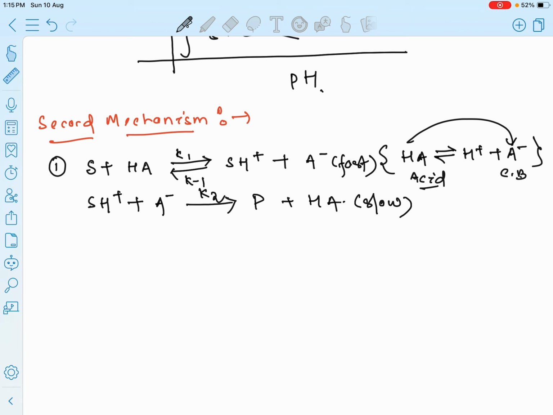So obviously the rate of the reaction will be equal to the RDS, that means the rate determining step, the slow step of the reaction, involving rate constant K2, and it will be proportional to the concentration of SH plus and the concentration of A minus.